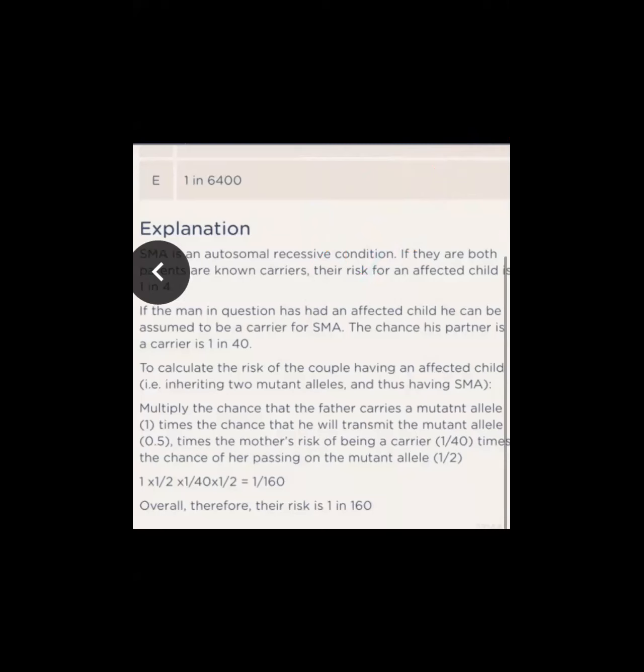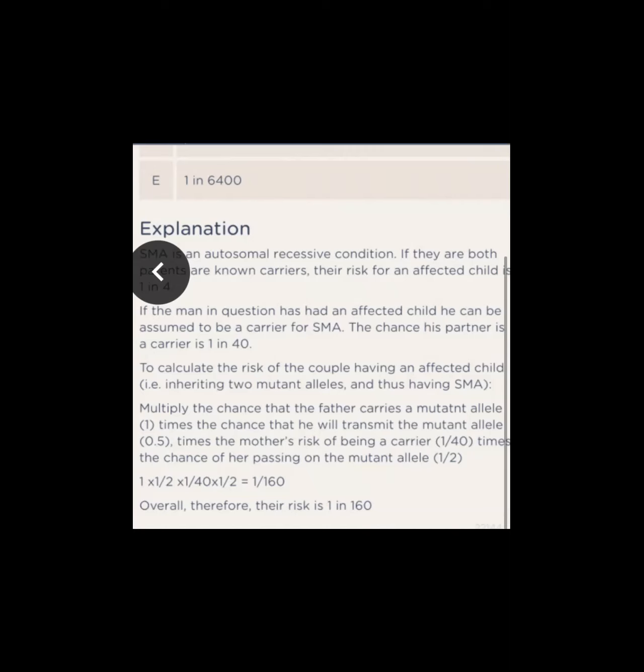Now, how will you calculate this? This is simple mathematics. To calculate the risk of the couple having an affected child who inherits two mutant alleles, we have to assume that both parents are carriers, and multiply their probabilities. First, the chance that the father is a carrier of a mutant allele.